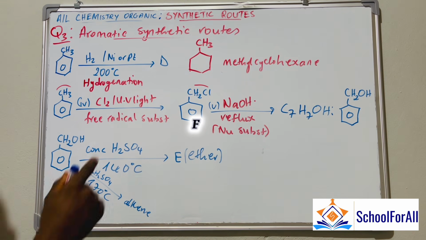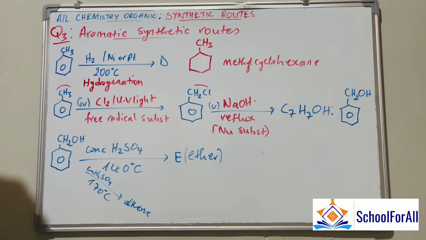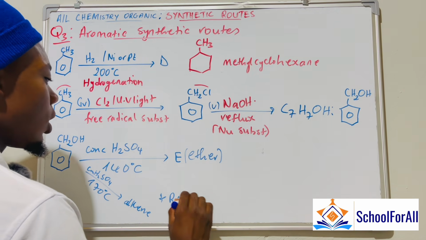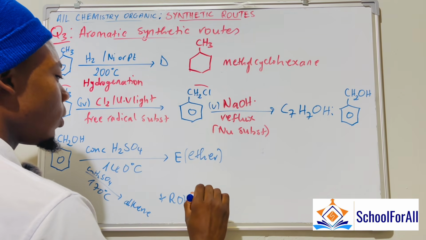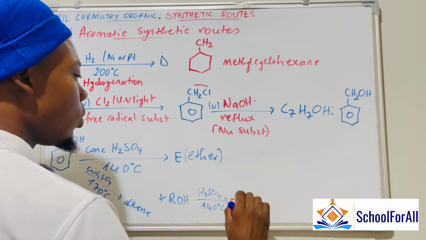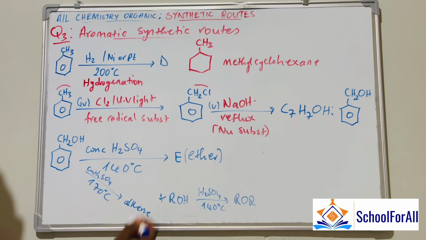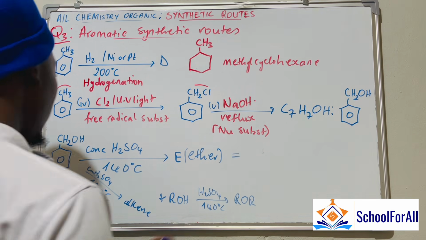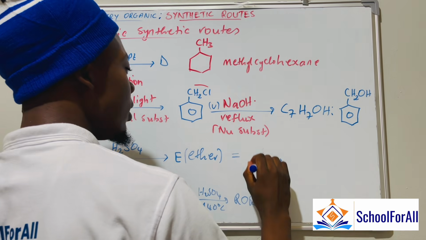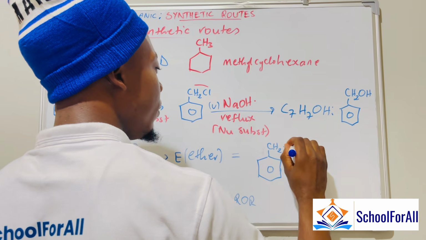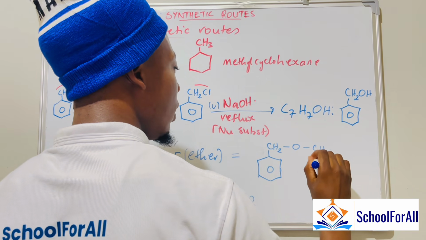Okay, but now here I must have an ether. So how is it formed? Generally, if you have an alcohol ROH, you put concentrated sulfuric acid at 140 degrees Celsius, and the product you form is ROR. So the same thing you are going to do here, you repeat it. So my compound E will be a benzene ring with CH2, and I repeat the CH2 with a benzene ring.